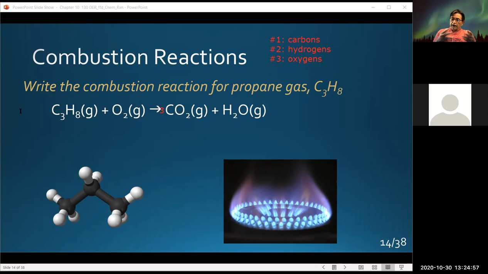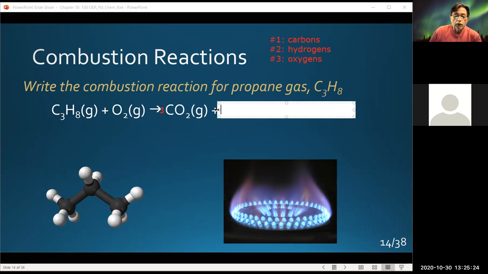That balances our carbons. We have 3 carbons on the right side, 3 on the left side. The next step, we balance the hydrogens. We look at the reactant side, and we have 8 hydrogens in propane, and we only have 2 hydrogens in water. So to balance the hydrogens, we simply put a 4 in front of water.